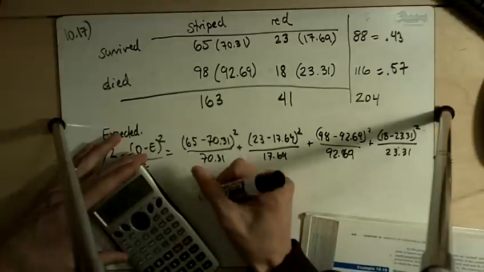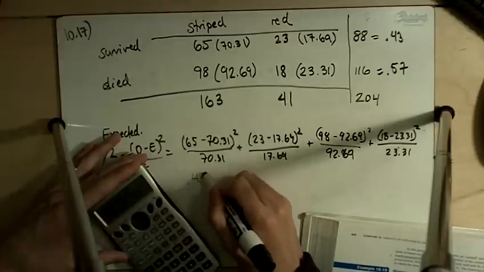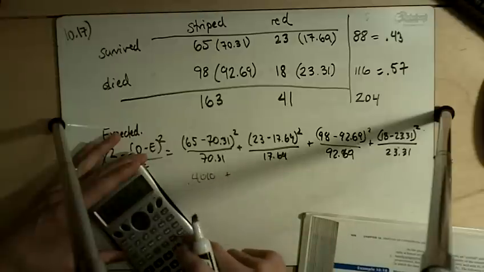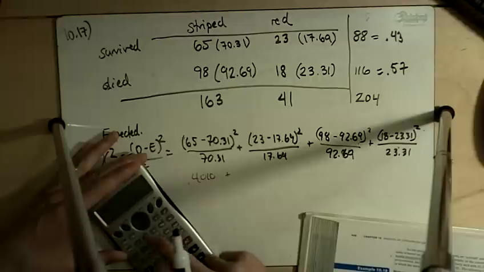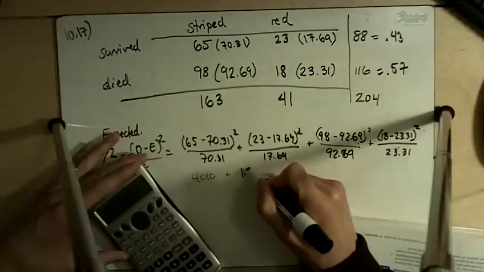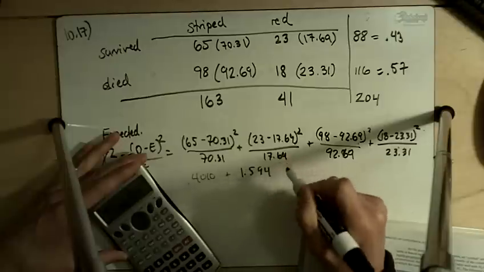So for the first one we get 0.4010. This number turns out to be 1.594.